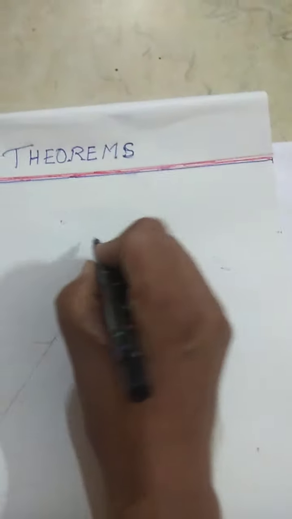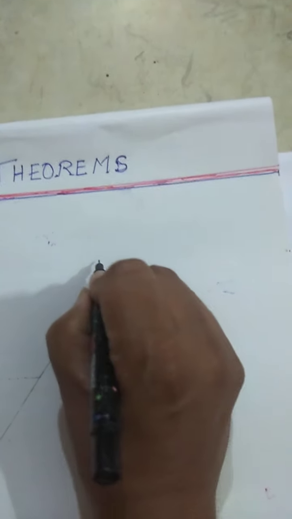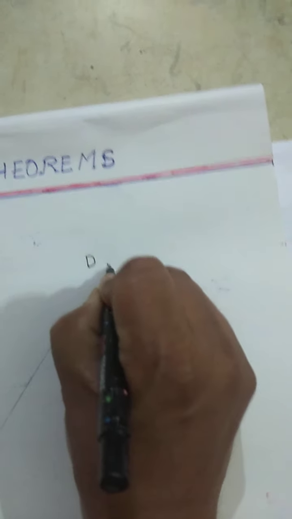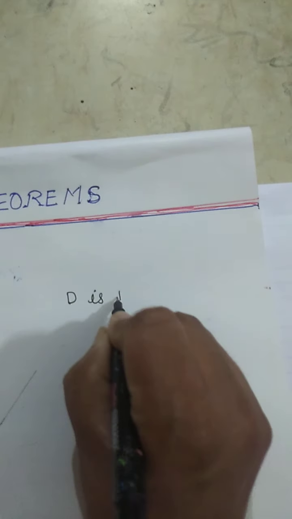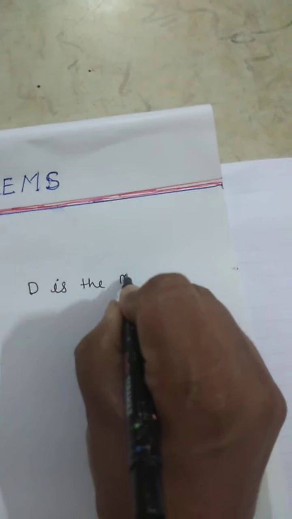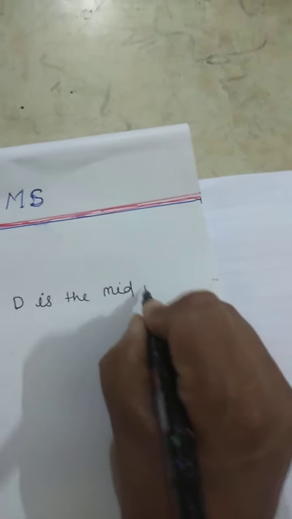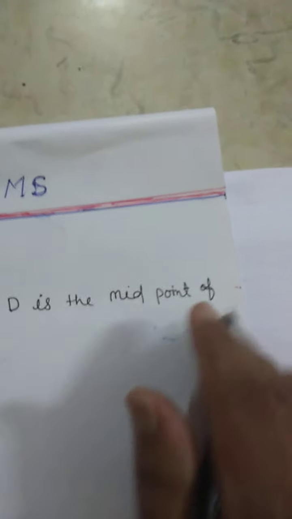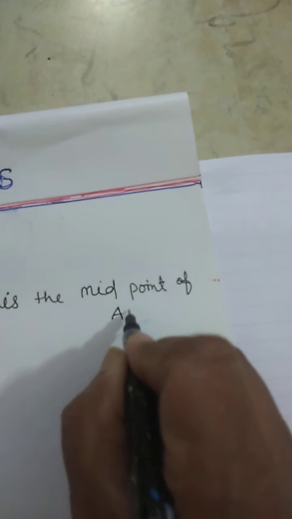First of all, we will write what is given. D is the midpoint of AB.